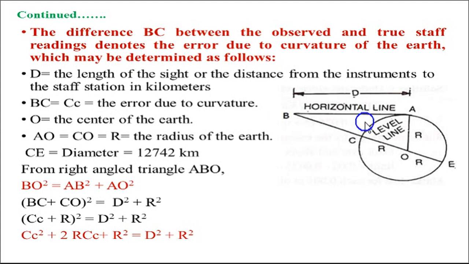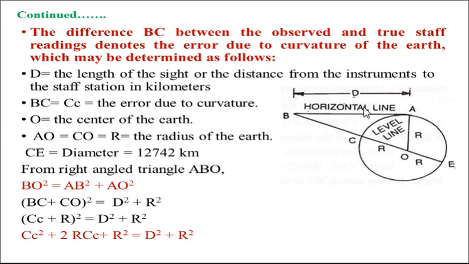O is the center of the earth. Then OA is equal to OC is equal to R, the radius of the earth, and CE is equal to the diameter of the earth, and its value is 12,742 kilometer.